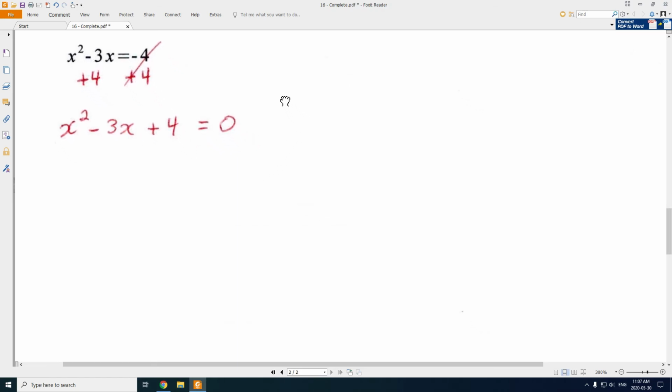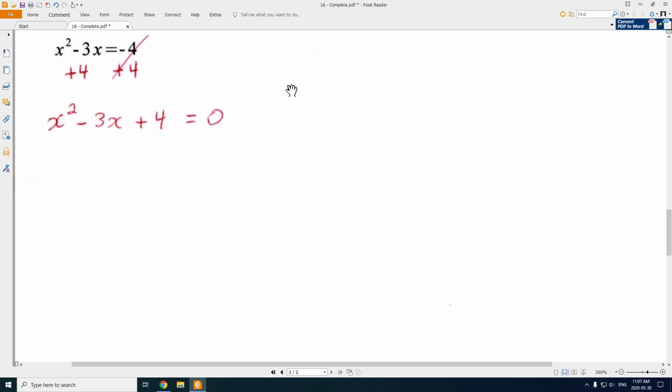And at this point, if I wanted to solve this equation, solving the equation equal to 0, that's like a y equal to 0. That's the same as finding your x-intercepts. So you can also use the quadratic formula to solve a quadratic if it's equal to 0. Because being equal to 0 is no different than finding an x-intercept.